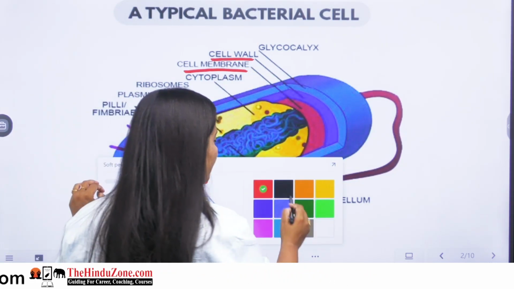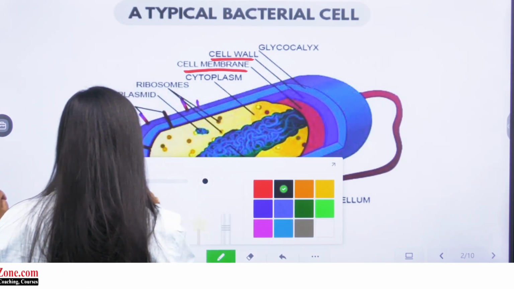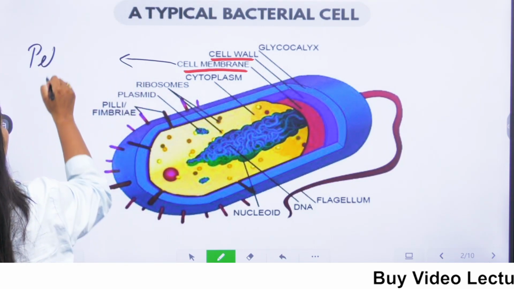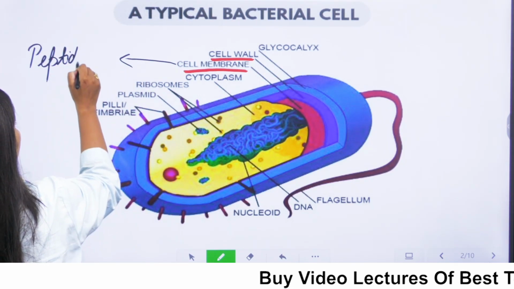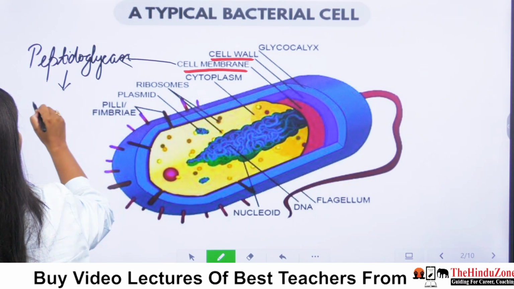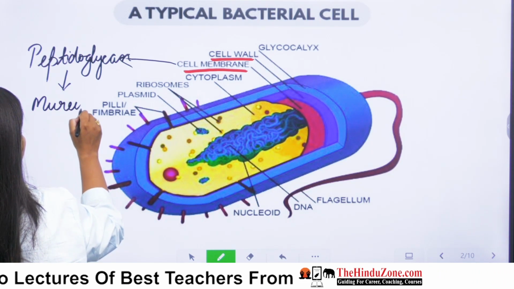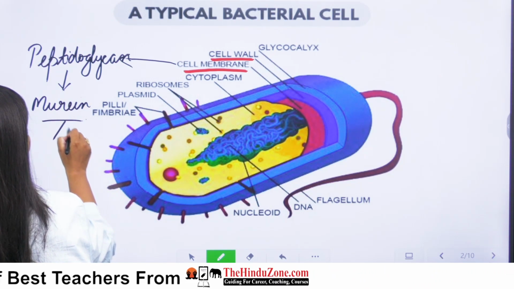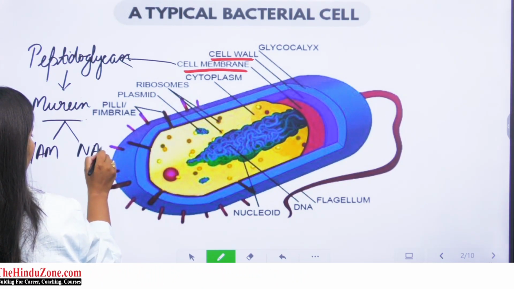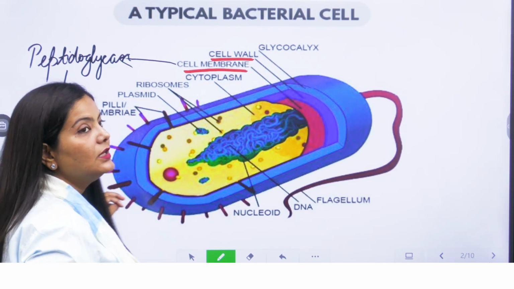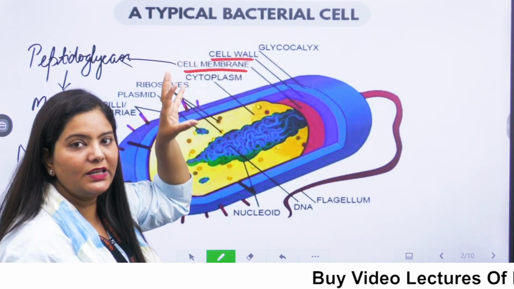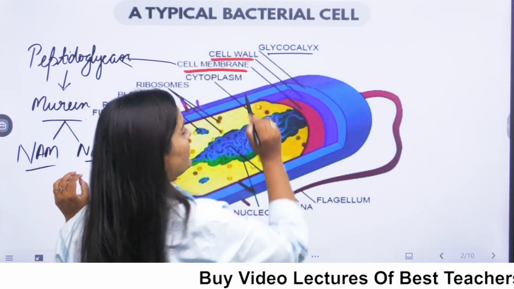This cell wall of a bacterial cell is made up of a material called peptidoglycan or murein. This murein is made up of two subunits, NAM and NAG: N-acetylmuramic acid and N-acetylglucosamine. Above this cell wall is a region called the glycocalyx.